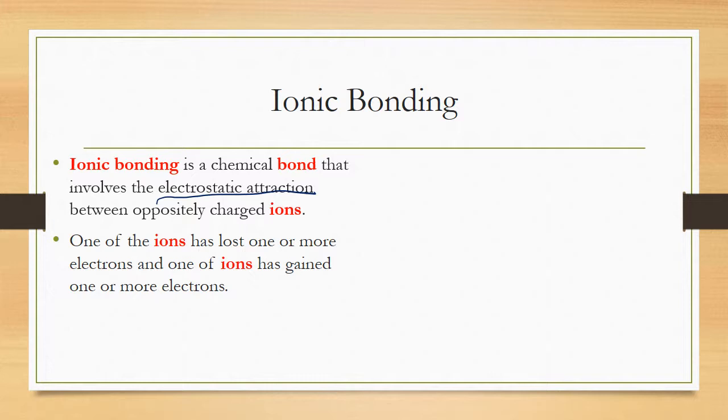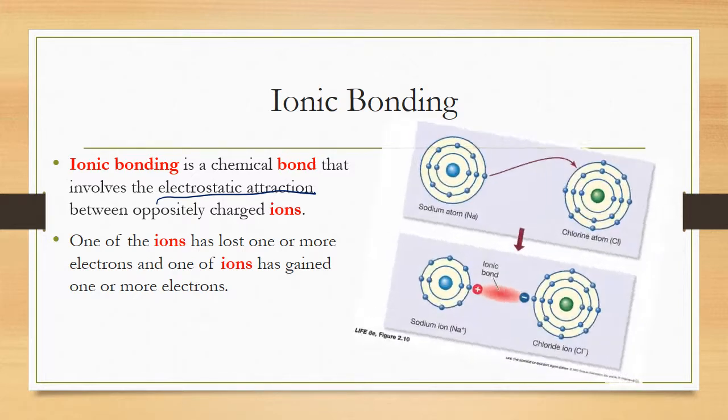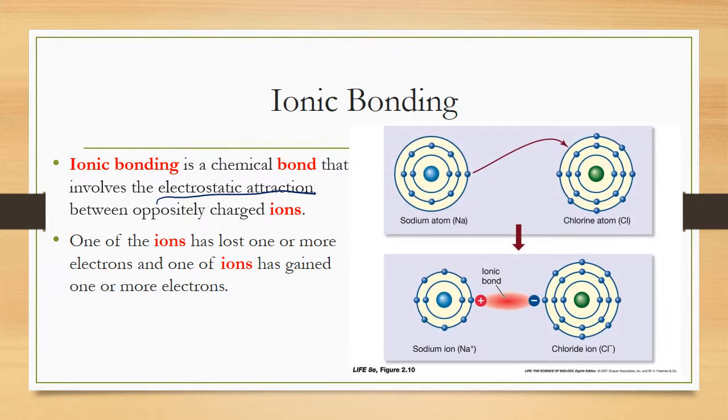The reason why is because one of the ions has lost one or more electrons, and one of the ions has gained one or more electrons. So if we look at the example of sodium chloride, the sodium atom has lost an electron and has become overall positive. It's now got a stable outer shell, valence shell. It's full.